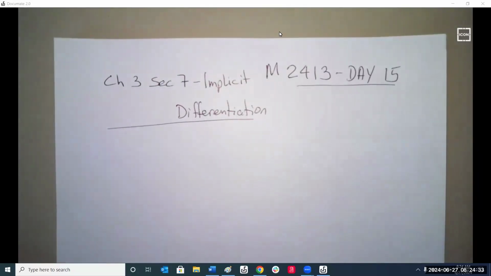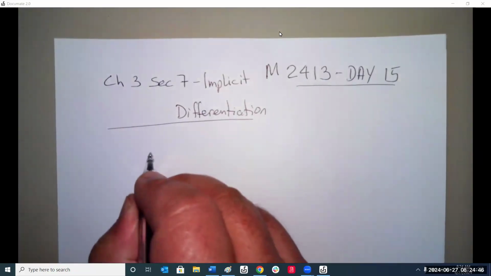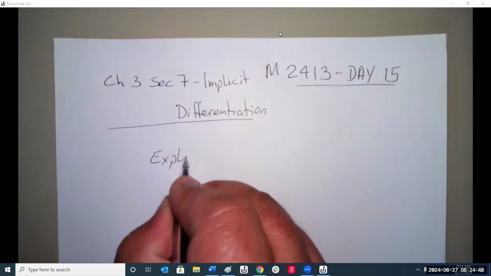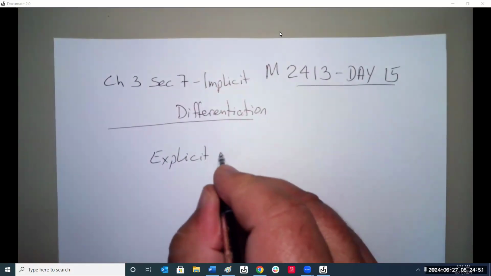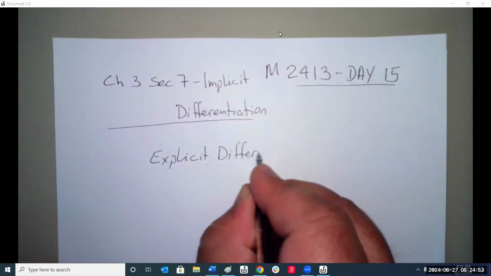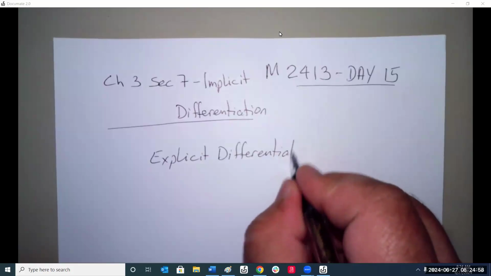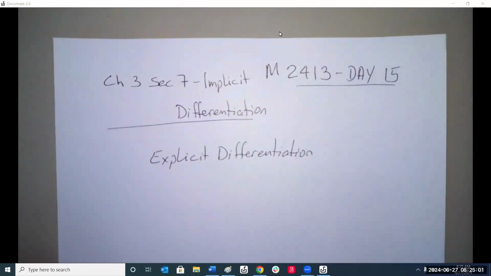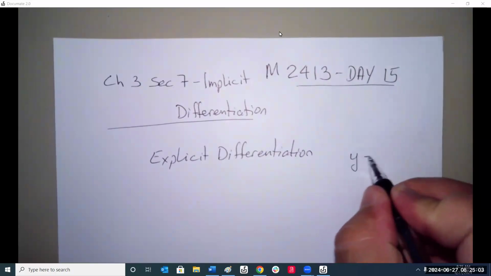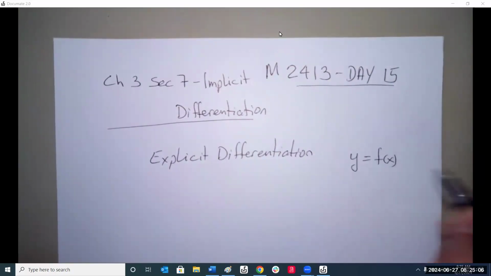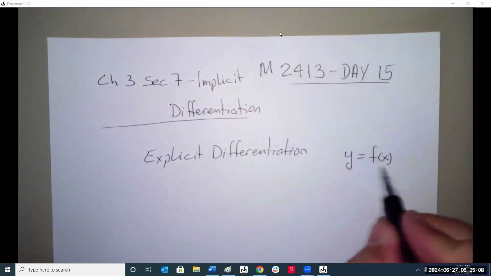All right, welcome everybody. Now we're going to look at section 7 of chapter 3, implicit differentiation. Up until now, all of the equations we've been dealing with have been what are called explicit differentiations, which means we can separate the y's and the x's.